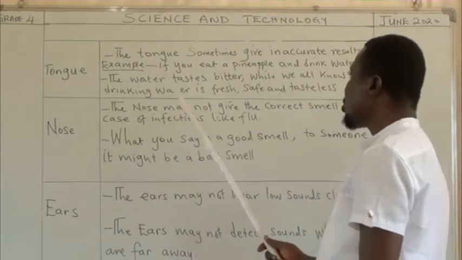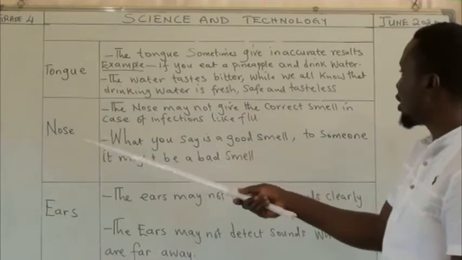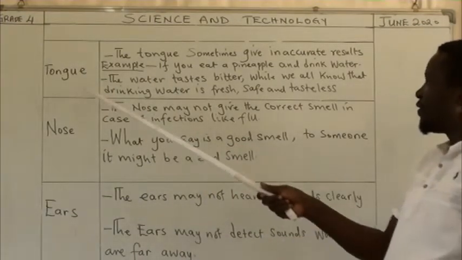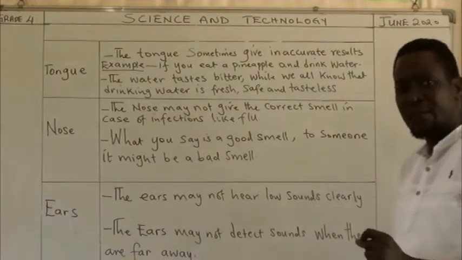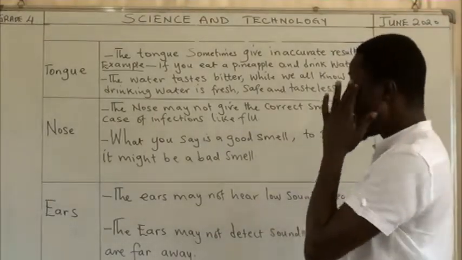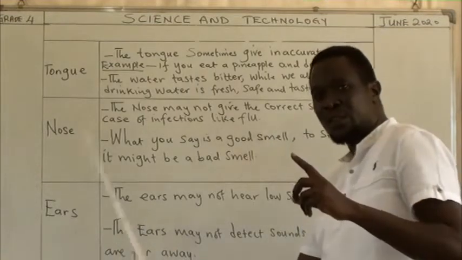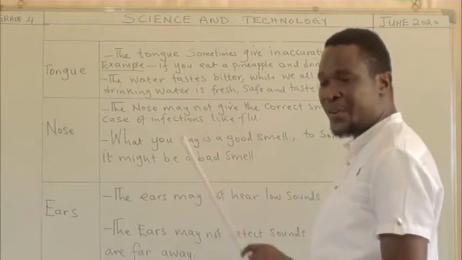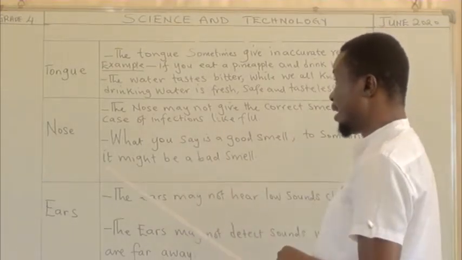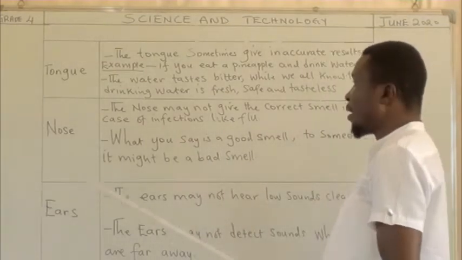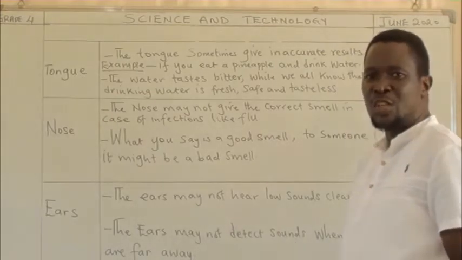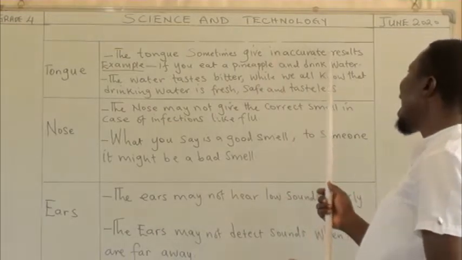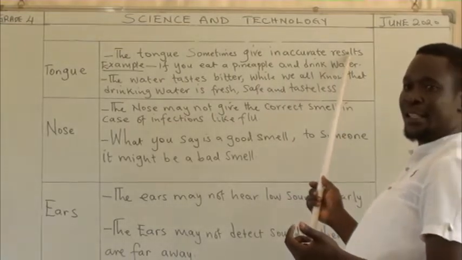Now today we are talking about the limitation of the tongue, the limitation of the nose, and the limitation of the ears. The tongue is a sense organ for taste. It is used to taste sweet, bitter, and also very nasty tastes. So, what are the limitations of the tongue? The tongue can sometimes give inaccurate results.